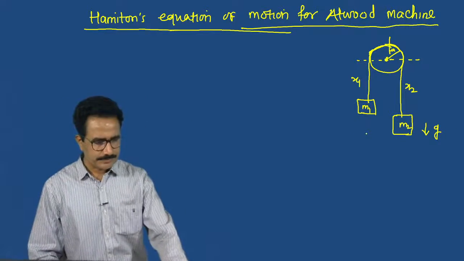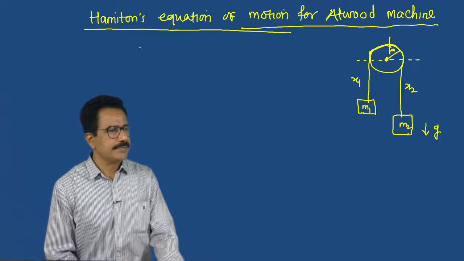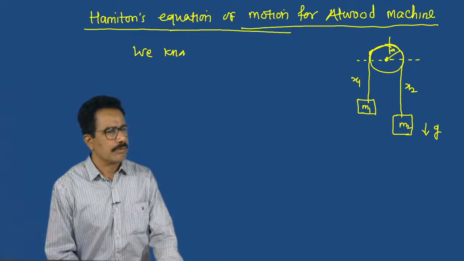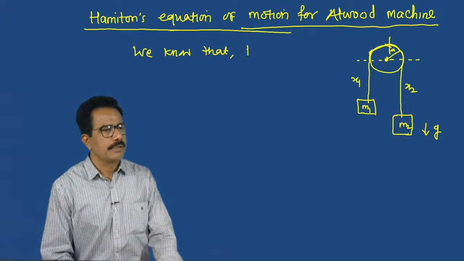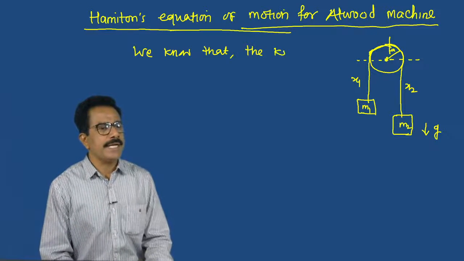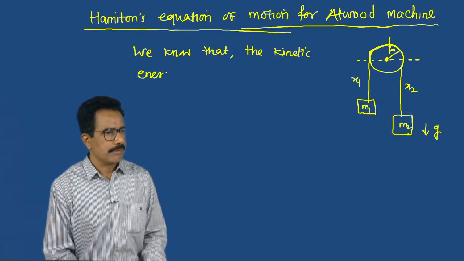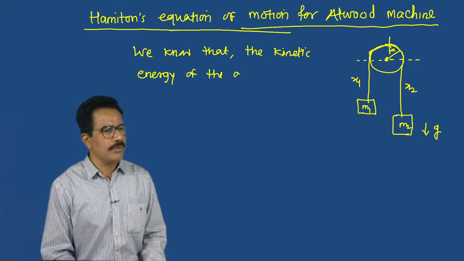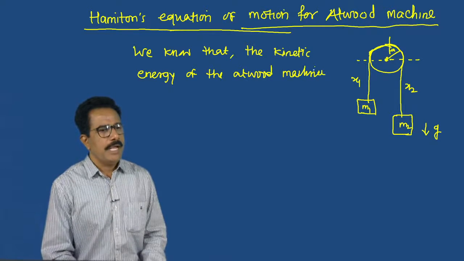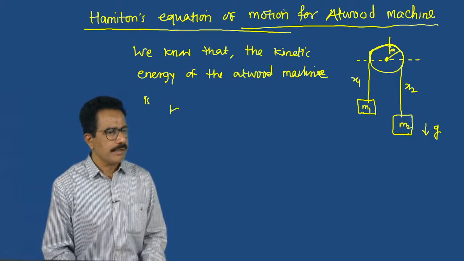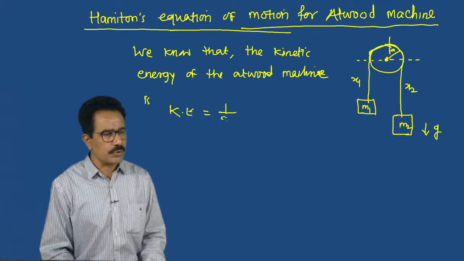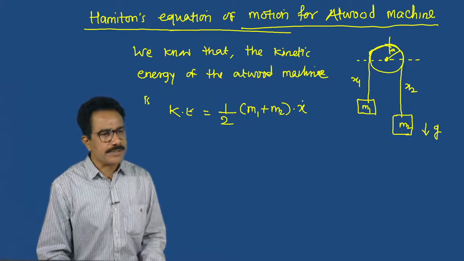We know that the kinetic energy of the Atwood machine is: kinetic energy equals 1 by 2 (m1 plus m2) into x dot square.